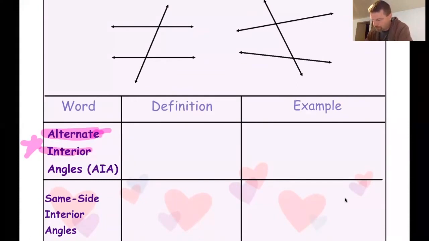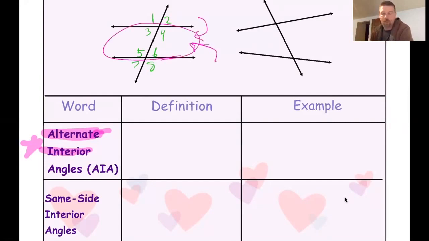So if I label these again, interior, again, means inside. So if I look at these, the angles that are on the inside of the parallel lines are the angles in that area, right? These are the interior angles. So if I want alternate interior angles, I just want 2 angles that are both on the inside, but on alternate sides of the transversal.